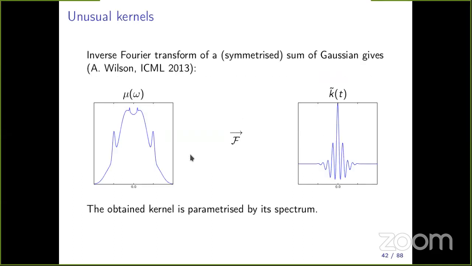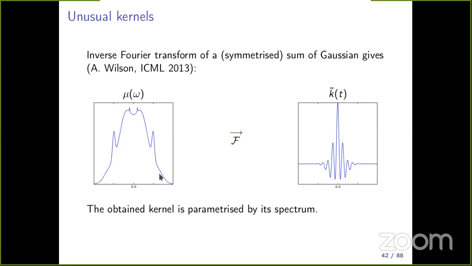And there will be a talk from Andrew Wilson this afternoon. He will not be talking about that, but this is some interesting work he did a few years ago already, where you parameterize a covariance function in the spectral domain. You just say my covariance function is going to be the Fourier transform of a sum of Gaussians that are parameterized by their mean and their standard deviation.